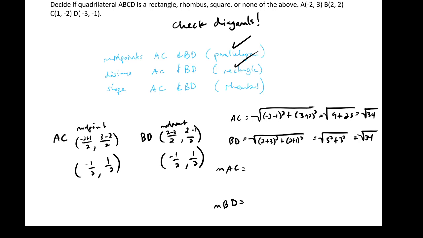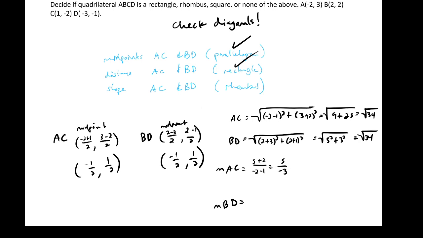So in AC, we're going to have 3 minus negative 2, right? Over negative 2 minus 1, which is 5 over negative 3.